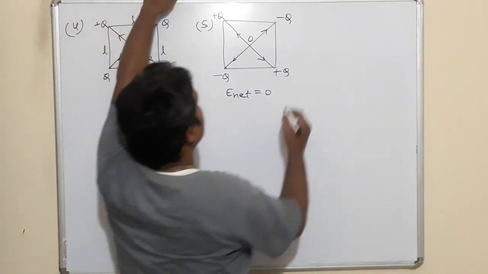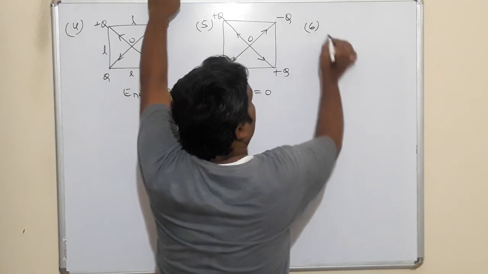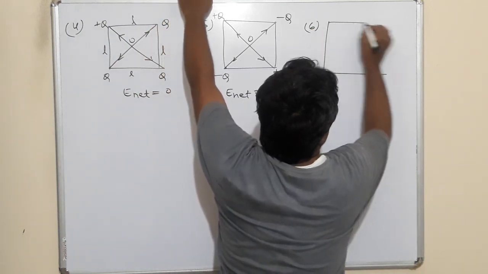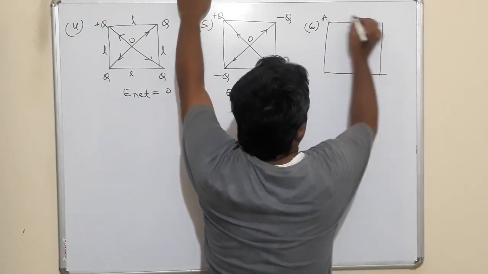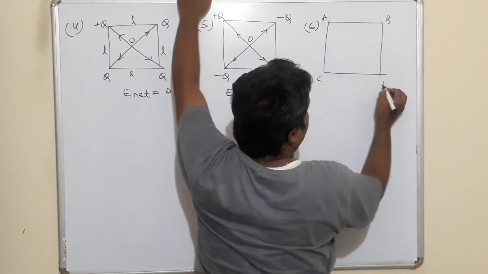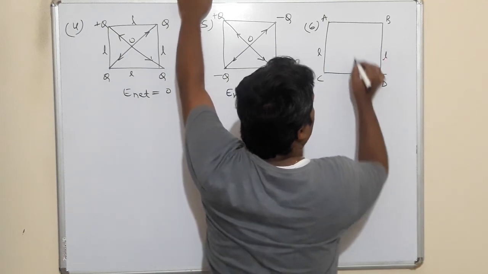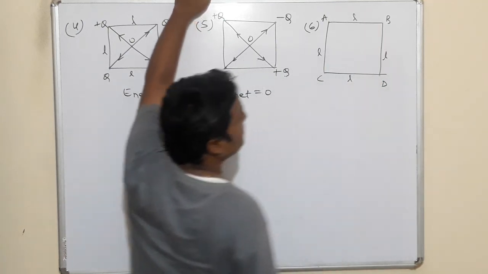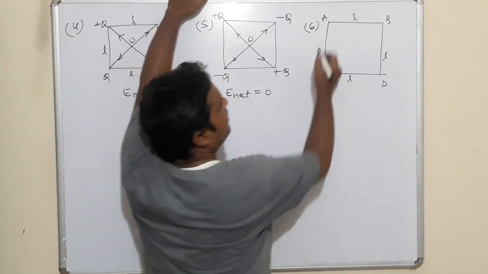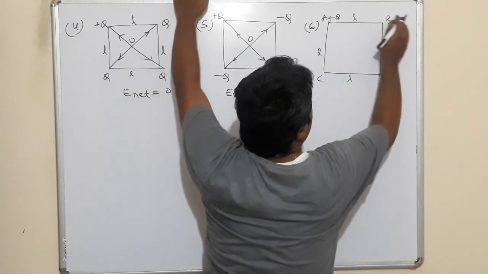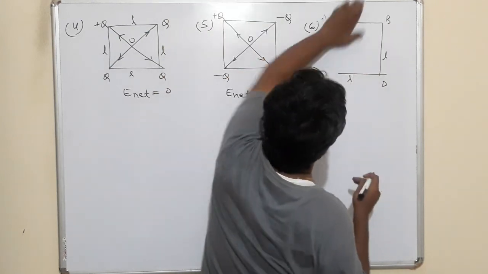Following? See, where it will not be equal to 0, you have to calculate. Suppose instead of taking charges like this, I take A, B, C, D, and all the sides will be equal. First I will put the charges.